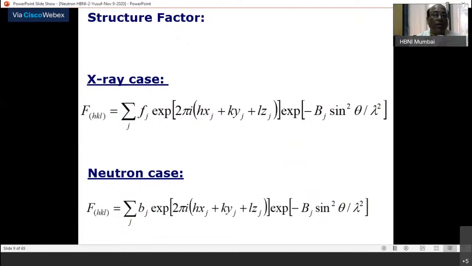And then I was talking about the interaction between the neutron and the atom, particularly magnetic atoms. Even if the atom is magnetic, you cannot forget the neutron-nucleus interaction. That is always there, whether the atom or ion is magnetic or not.